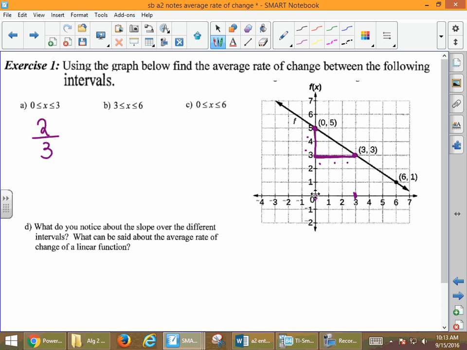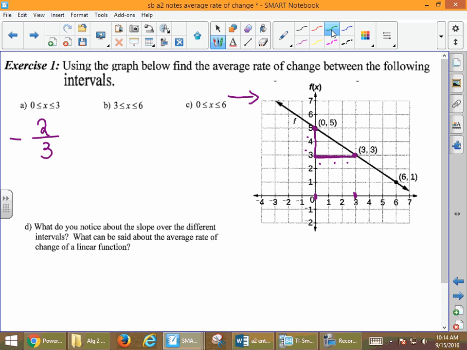Did I forget anything? Jordan? I forgot to put a negative in. As we're coming from the left, our line is going downhill. It's a decreasing line. So it's going to be negative 2/3. But there's our first interval.